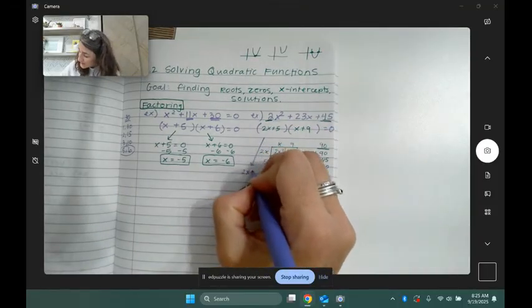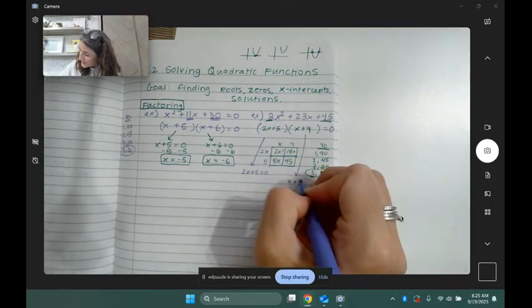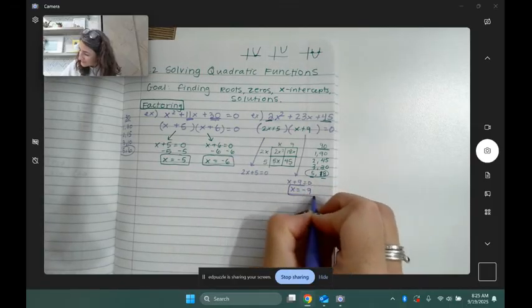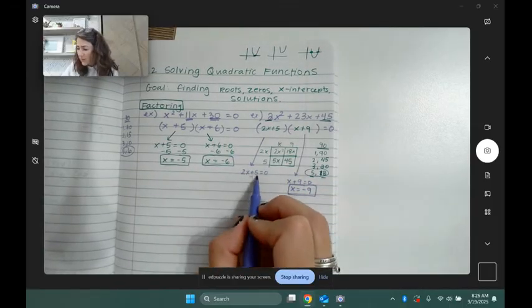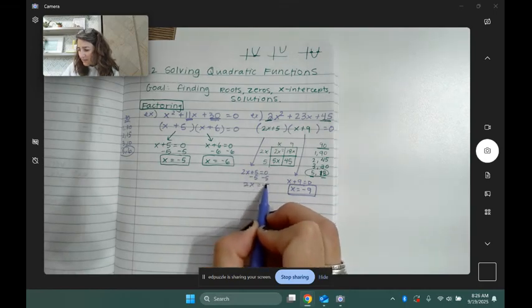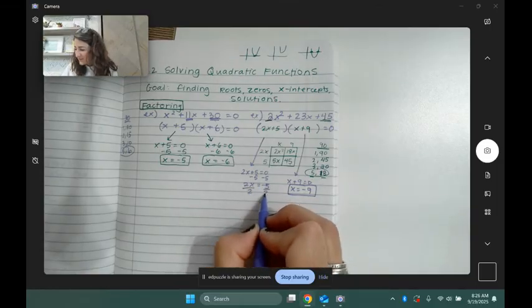So 2x plus 5 is equal to 0, or x plus 9 is equal to 0. This one's going to be negative 9. And this one, though, this is what I'm talking about where you can't always just flip the second number because I need to divide everything by 2.